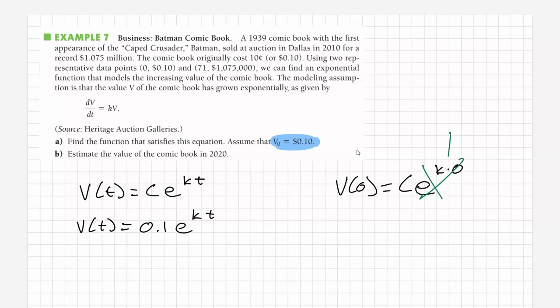Now, what we really want though is our rate of growth. To get that, we have another point to plug in. If we plug in this other value that we're given, what happened in 2010, that's where this piece comes from. If you did 2010 minus 1939, that's where the 71 is from. What they're saying is that V of 71 equals this 1 million 75,000, which equals 0.1 e to the k times 71.